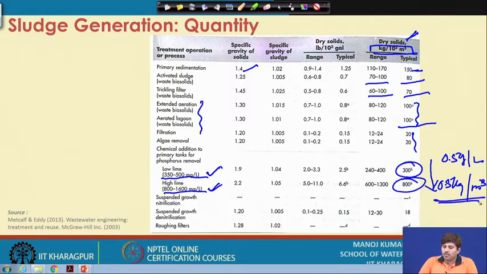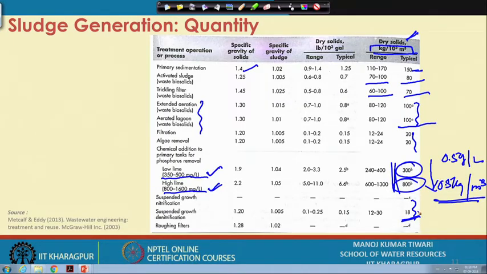That means for 1000 meter cubes the 500 kg will eventually come from there itself. So, the amount of dry solids generated is quite high. And then denitrification also produces little sludge, because the bacteria produced also have to settle. So, little sludge is produced in the process of denitrification as well.